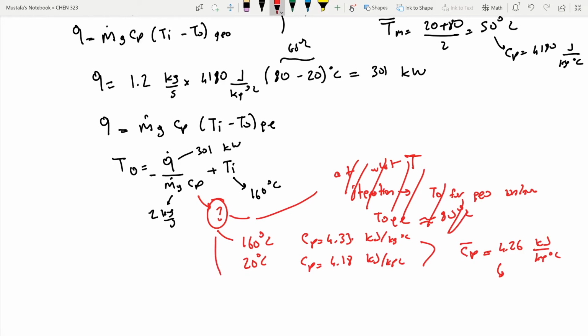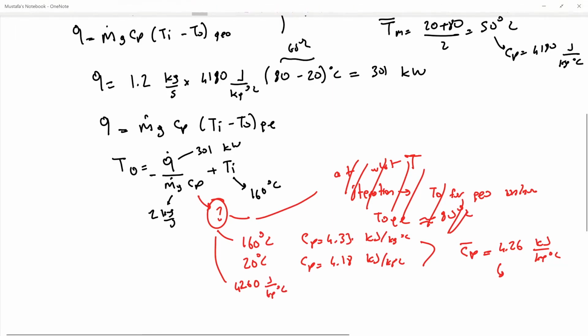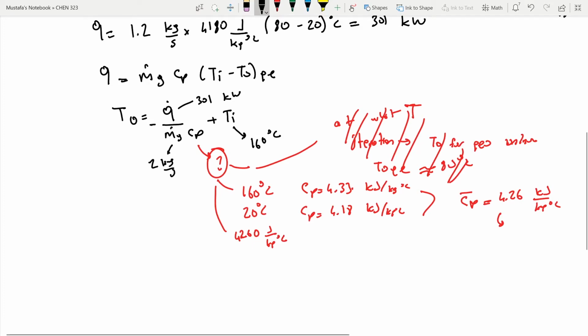If we use 4.26 kilojoule per kilogram per Celsius, we get a T out of 124.8 degrees Celsius.